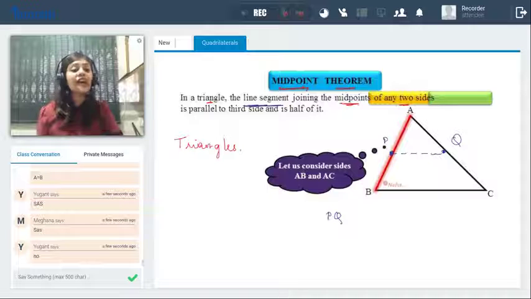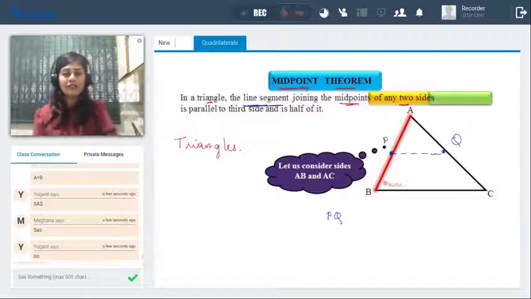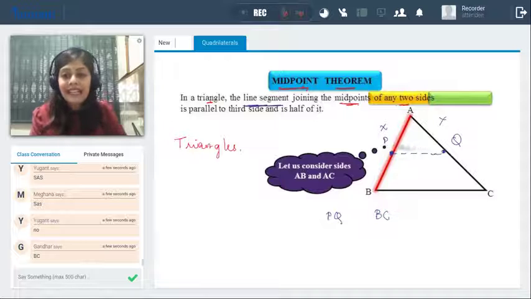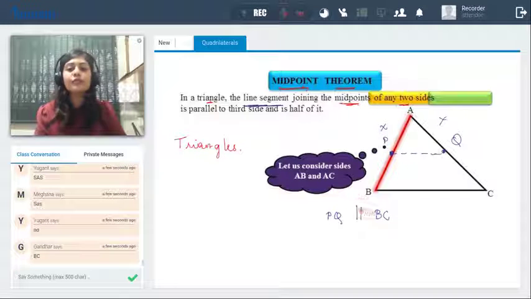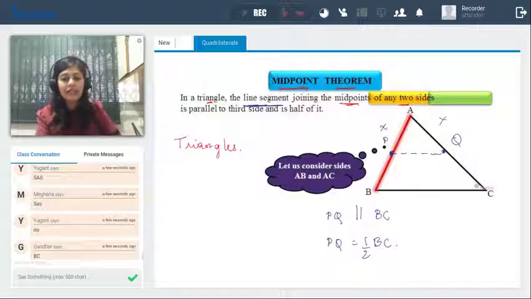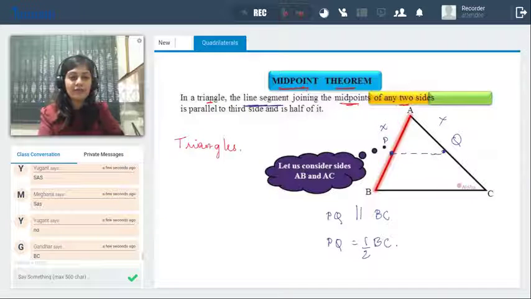It's the side which we have not considered for midpoints. It cannot be AB and it cannot be AC, so the third side is BC. The line segment is parallel to this third side, and it is also half of the third side. So PQ is parallel to BC and PQ is half of BC.